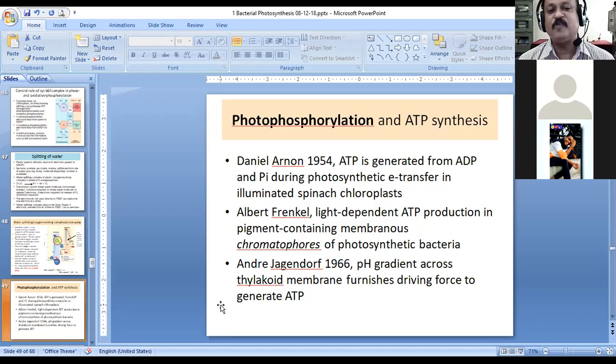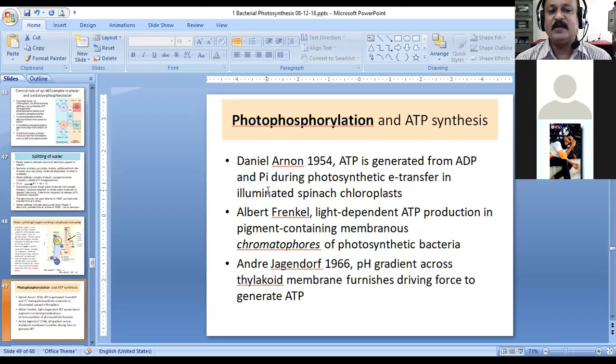In 1954, a scientist by the name Daniel Arnon first found out that ATP is generated from ADP and inorganic phosphate during photosynthetic electron transfer. So when electrons get transferred in the electron transport chain during photosynthesis, at that time ATP is synthesized. So this was first discovered by Daniel Arnon.